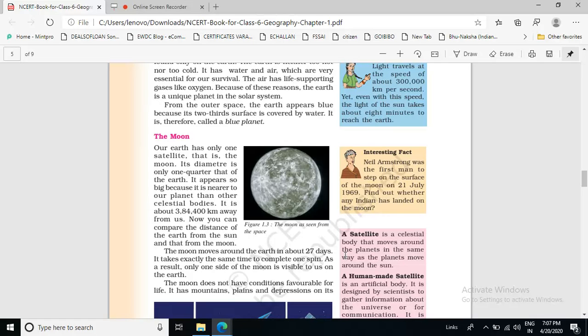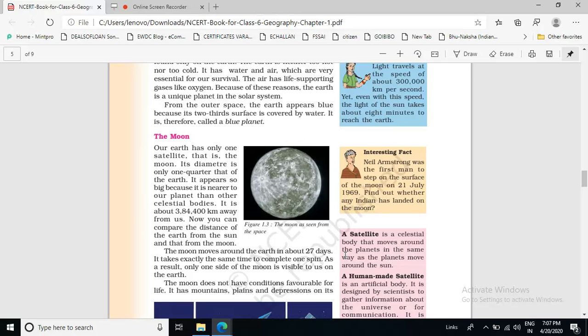For example, our earth is a planet. It revolves around the sun, and the satellite of the earth, that is the moon, revolves around the earth.